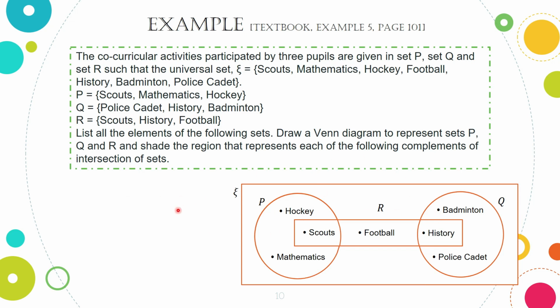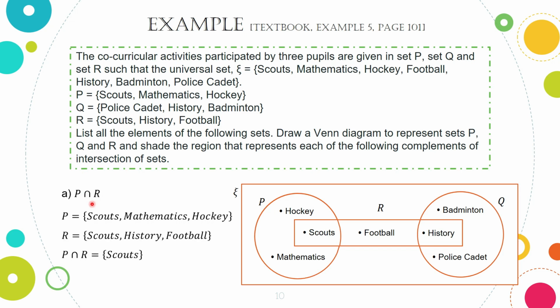So the first situation is P intersect R. We must determine the elements of P intersect R. Next, list down the elements of set P and set R, and then find the common element. From P and R, the same element is Scout.